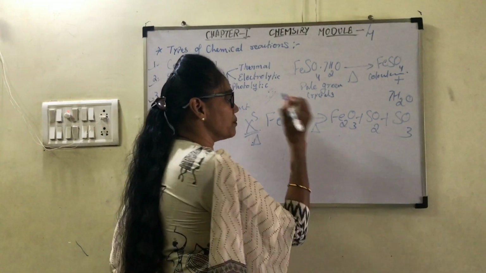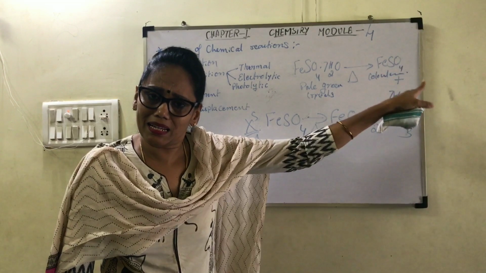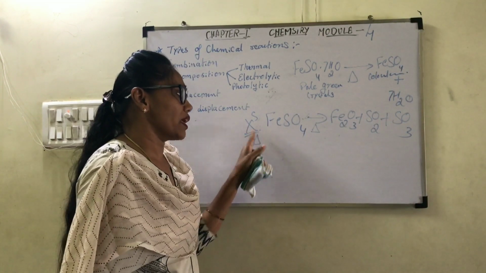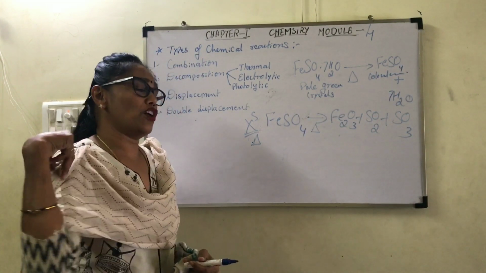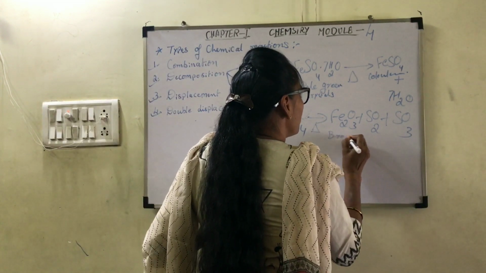So, if it is just heated, it becomes an anhydrous salt, and again the anhydrous salt on excess heating becomes ferric oxide and sulfur dioxide. This is reddish brown in color.